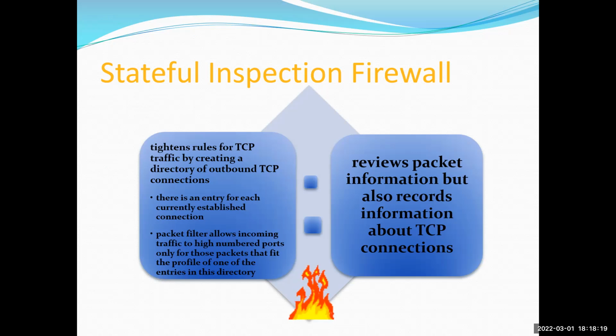So it's basically how it establishes a connection, and it just keeps a table. Traffic going out, for instance, will be populated in a table, and then when the packets come back in, they'll be allowed through. So it reviews packet information, but also records information about TCP connections.